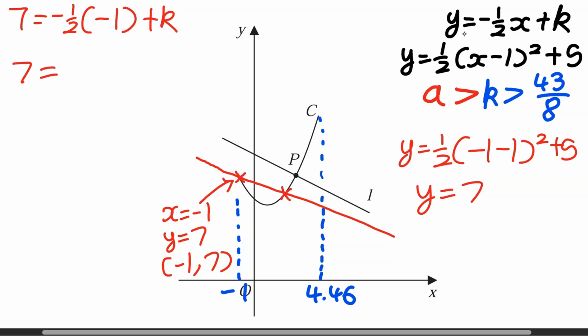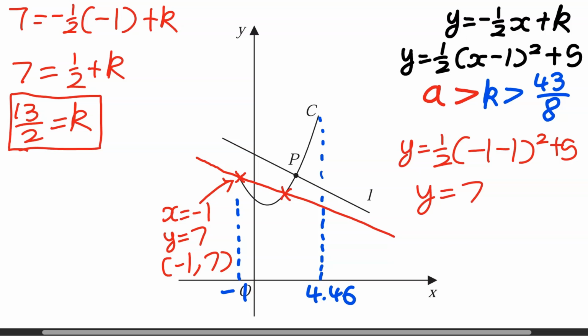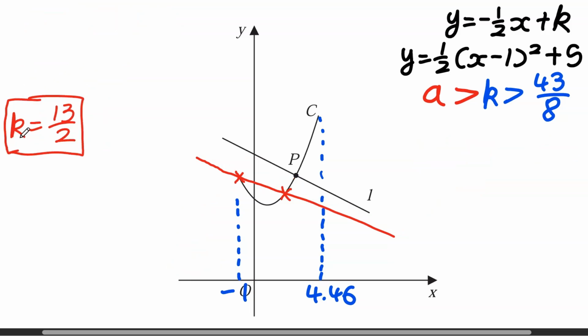So this is going to be 7 is equal to, and then minus a half times minus 1 is going to be a half, and then plus k, and then move this half to the other side, so it's going to be 13 over 2 is equal to k. This here is the maximum value that k can have. Anything higher than this and we get the effect we talked about before, where it doesn't intersect on this side. So therefore this is the maximum value of k, so this is the value of a.